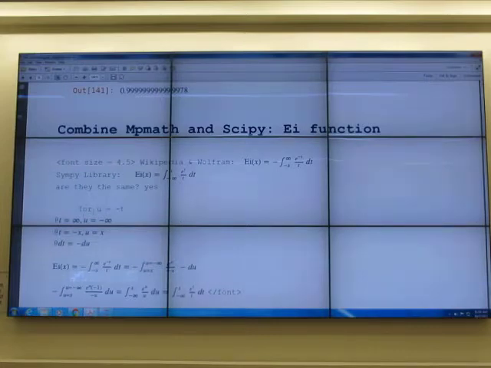So I define u equal to minus t. You see that minus t, I want to change minus t to t. Right? So I define u equal to minus t. Okay? So for t equal to infinity, you see that infinity sign? For t equal to infinity, u equal to minus infinity.